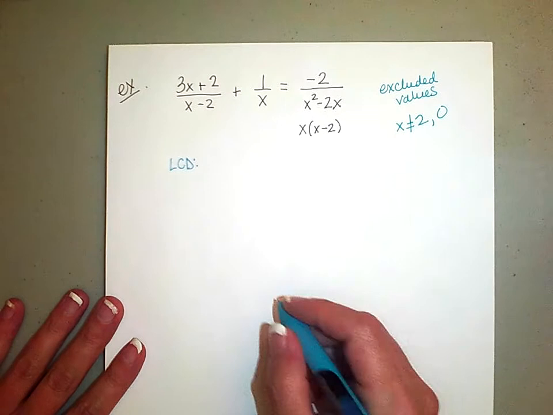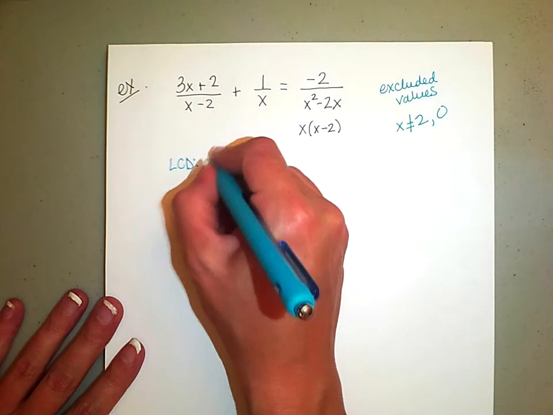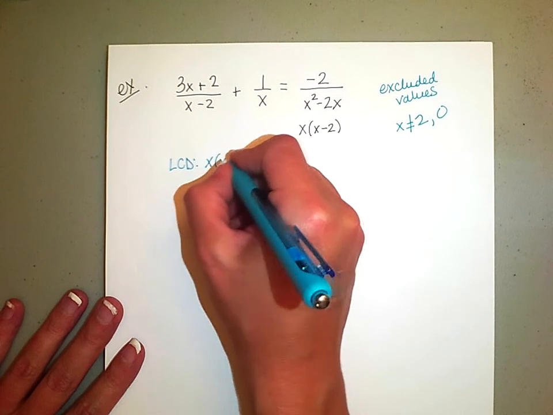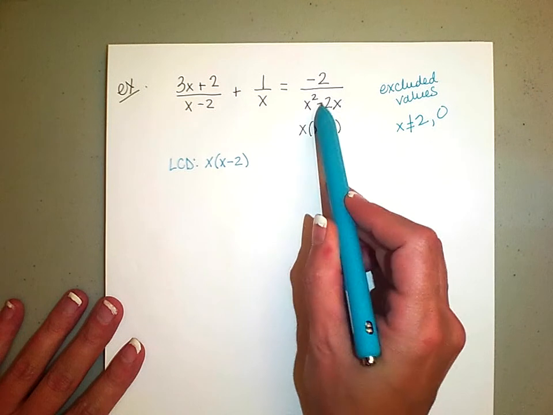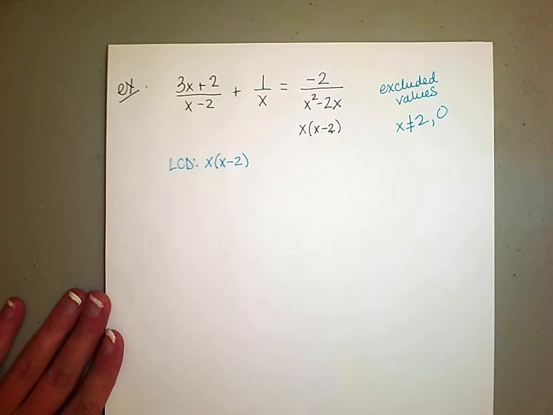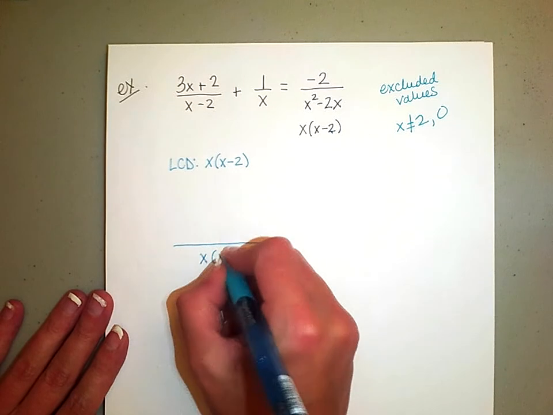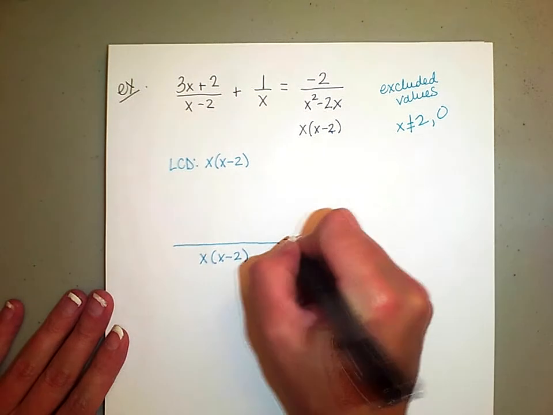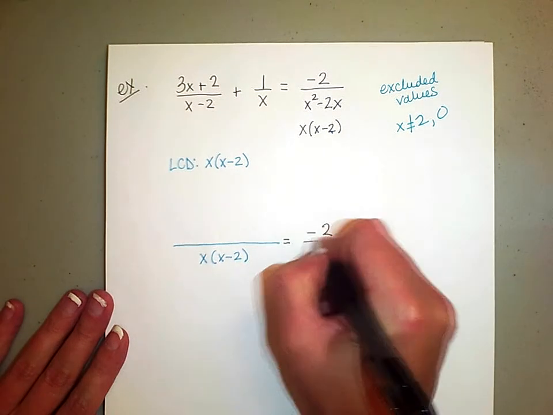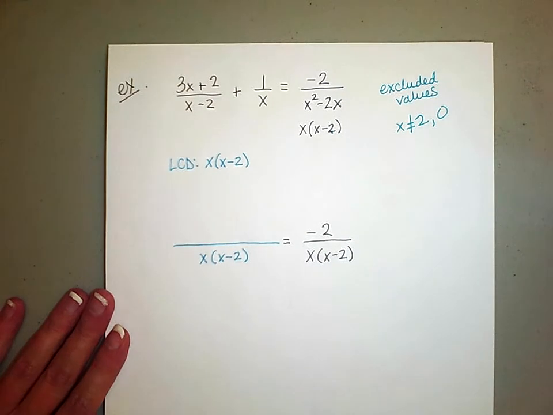Let's look for our least common denominator. From here, we see that the least common denominator is the multiplication of these two, which will get us to this, which is this denominator. So I'm preparing to write this as one big fraction. And since this is factored, we may as well keep that.